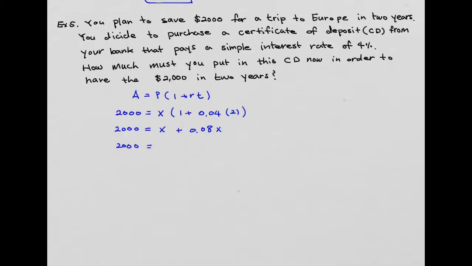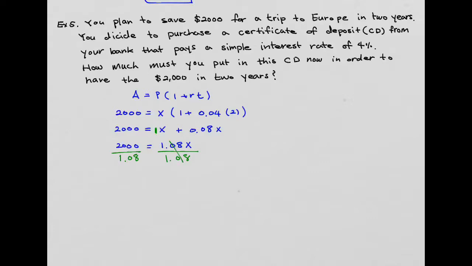On the right side, this is 1. If you don't have any number in front of the variable, we know that's 1 there, right? So you're going to do 1 plus 0.08, which is 1.08x. And divide both sides by 1.08 in order to isolate x.